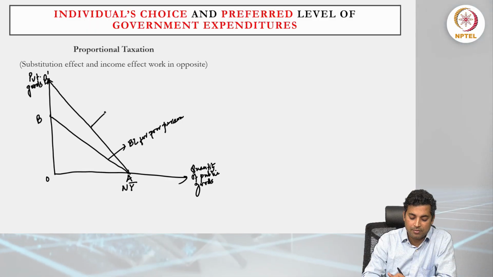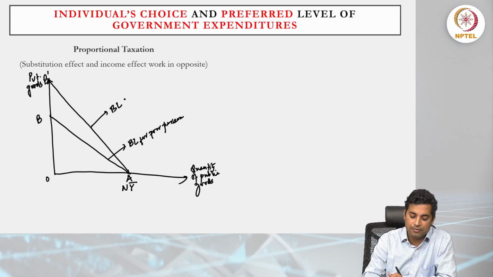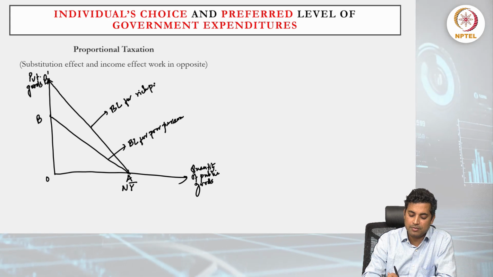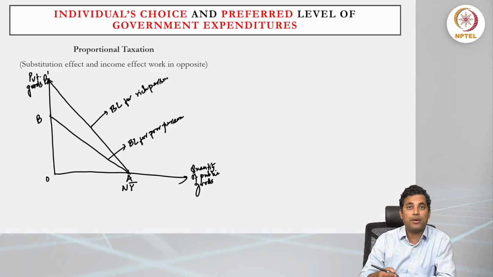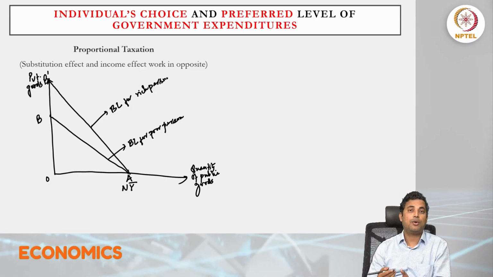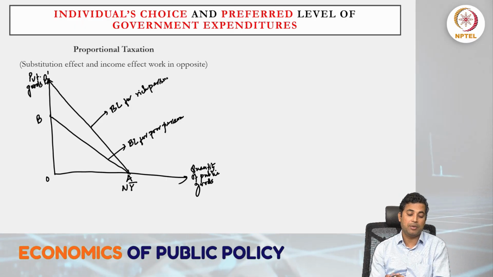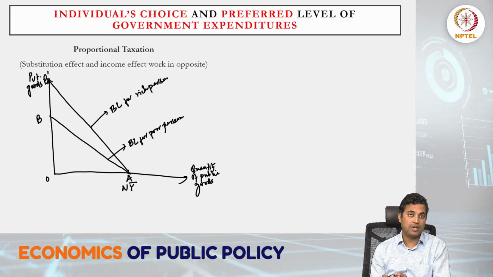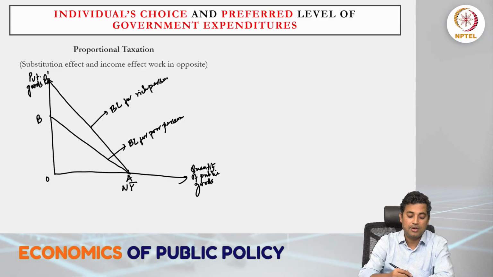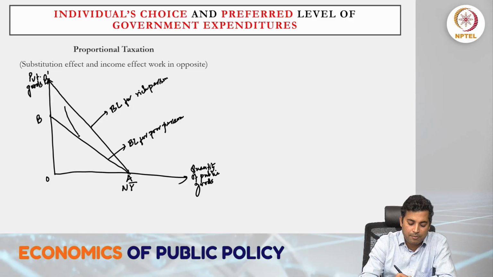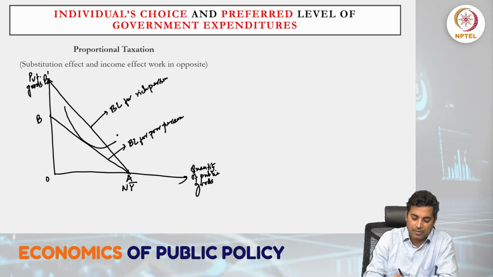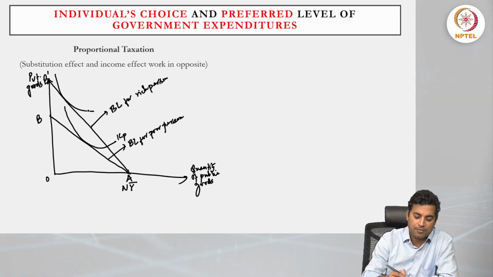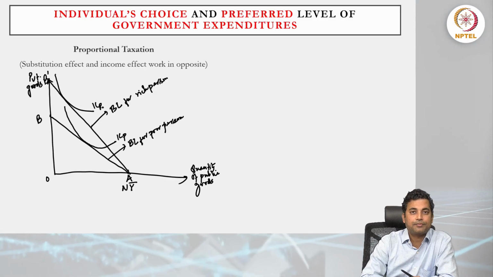So this is the budget line for the rich person. Here we can see the tangent point, or the equilibrium point, where the budget line is tangent to the indifference curve. Here, for the poor person, say this is the indifference curve for the poor and this is the indifference curve for the rich.